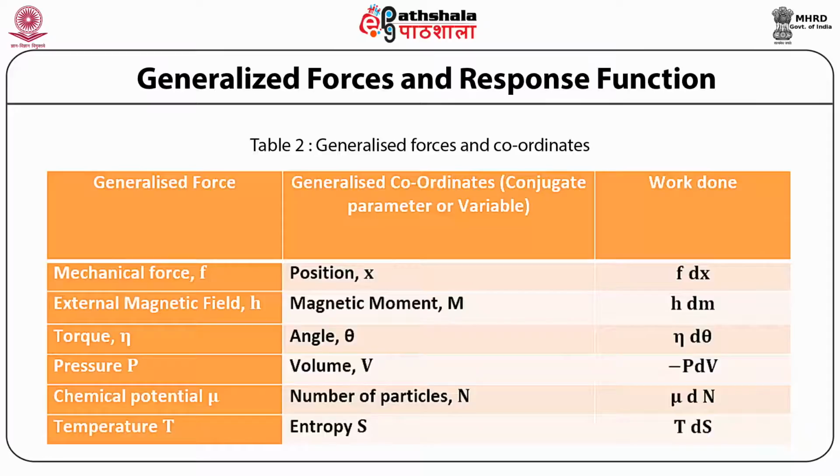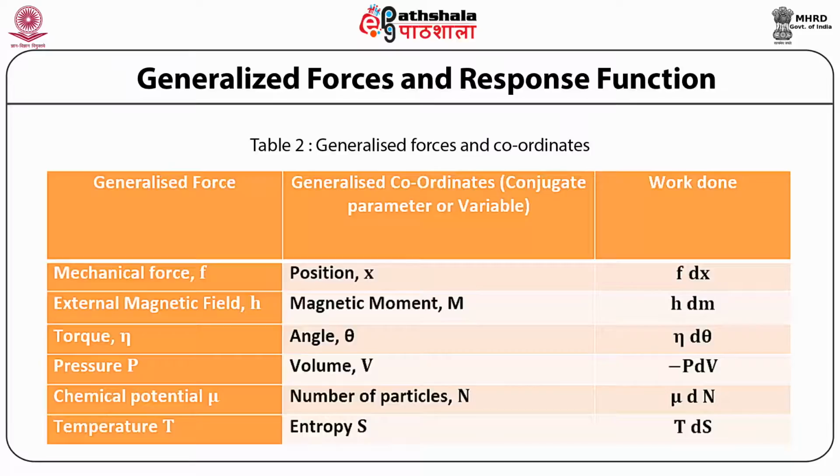For example, corresponding to mechanical force F, if we treat it as a generalized force, the generalized coordinate or the conjugate parameter or variable is the position x, and the work done is F dx. In the case of the generalized force external magnetic field H, the generalized coordinate is magnetic moment m, and work done is H dm.